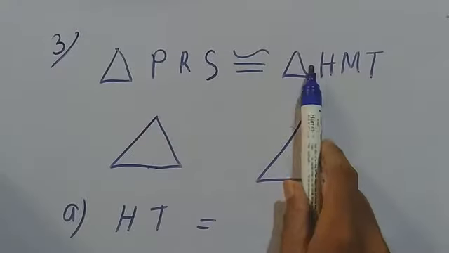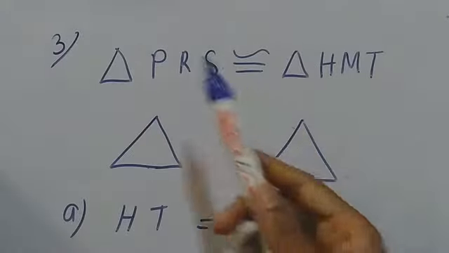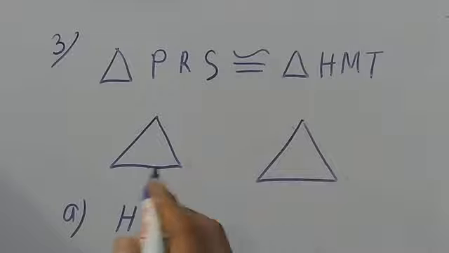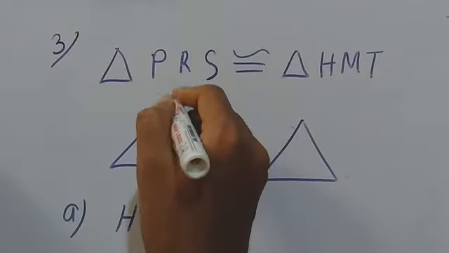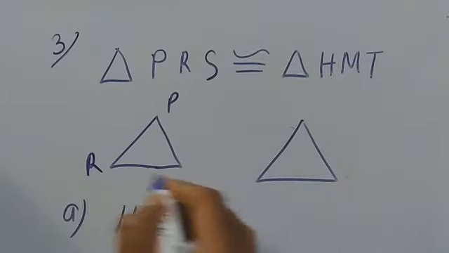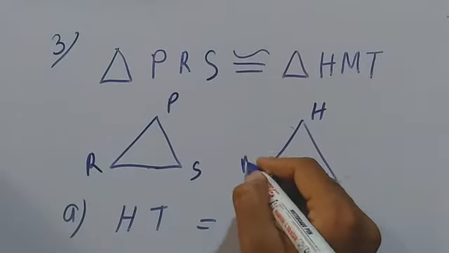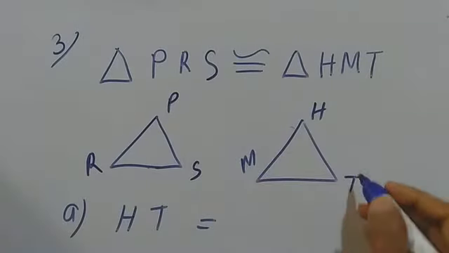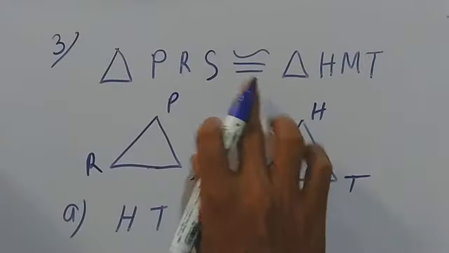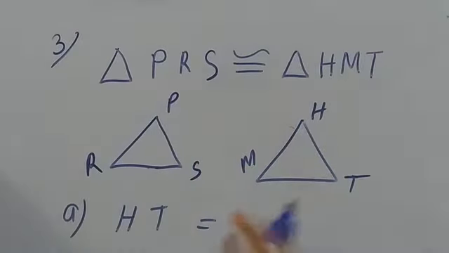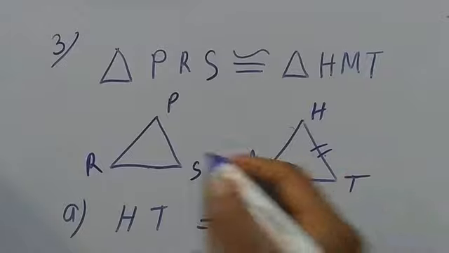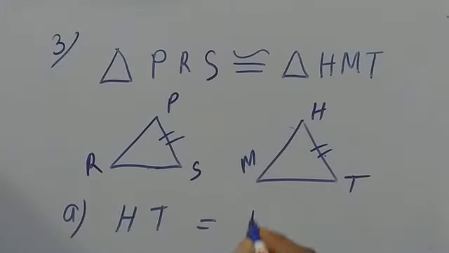That means these two triangles are the same; their shape and size are the same. So first you draw two triangles. Name one PRS and the name of the other triangle will be HMT. Congruence means their shape and sizes are the same. So HT is this side, so HT will be equal to PS.